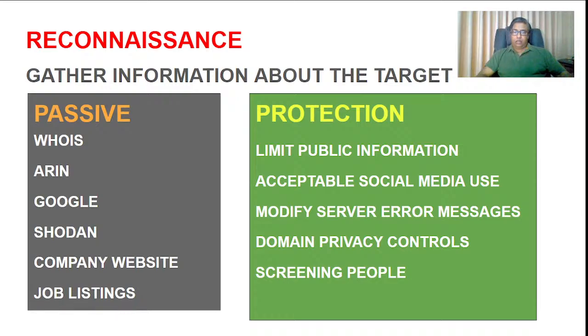Using WHOIS queries and ARIN, you can find a lot of information from Google and Shodan. It might show some of the vulnerable IoT devices in your network. You don't know. And your company website is giving so much information about your organization, about your CEO details, his background, your financial officers.